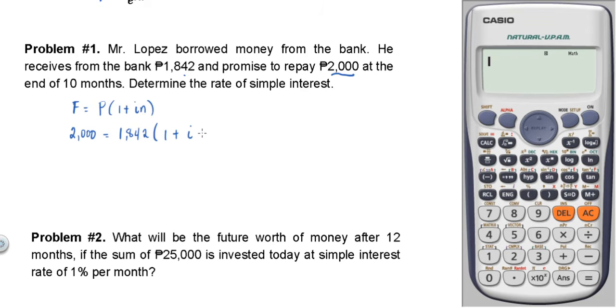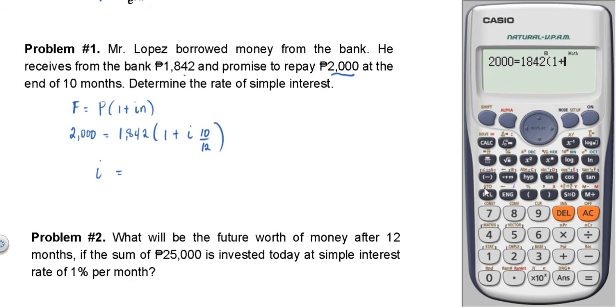Okay? Times N. Ano ba yung N? Ito ba yung period? At the end of 10 months. So, gawin natin siya in year, or 10 over 12. Yan. Then, we solve for i. And, gamitan natin ng calculator. So, 2,000 equals 1,842 times 1 plus, okay?